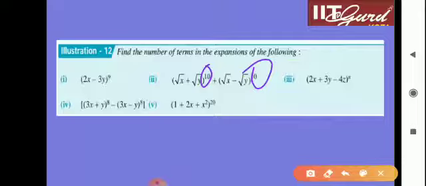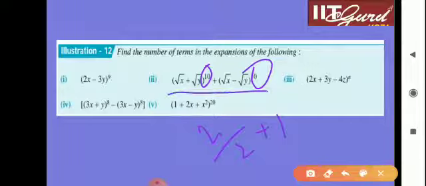So finally it has n by 2 plus 1 terms. So for n that is 10, 10 by 2 is 5, plus 1, that is 6 terms. So total this expansion has 10 by 2 plus 1, that is 6 terms.